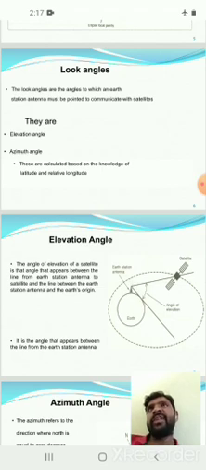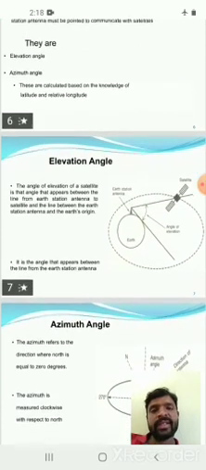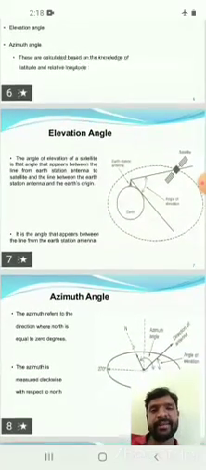This information is measured by the look angles, elevation and azimuth angle. Then only we can communicate from Earth station to satellite.